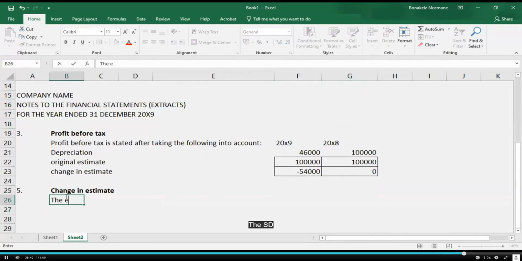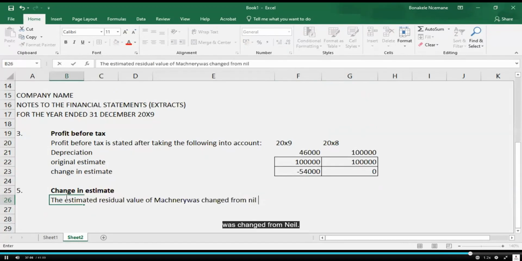The estimated residual value of the machinery was changed from nil to 90,000.